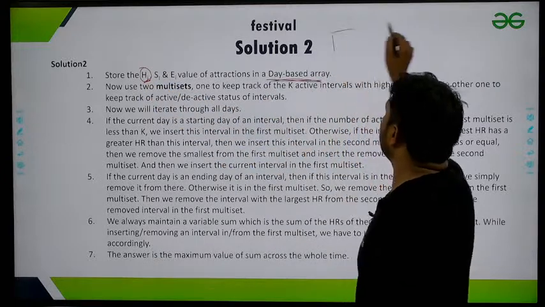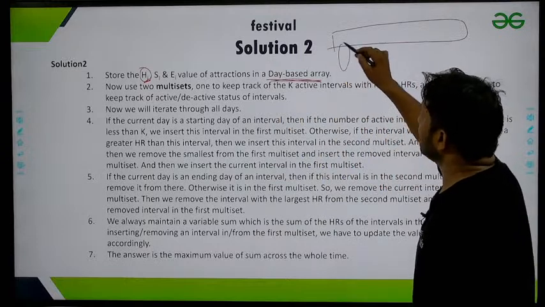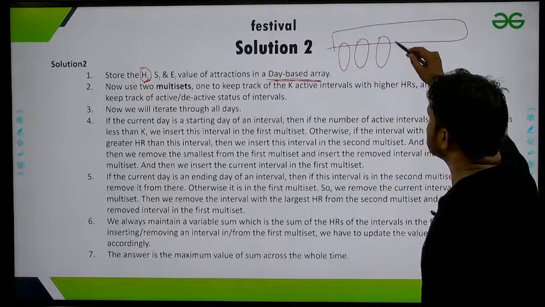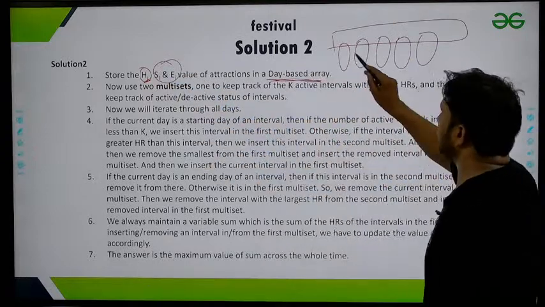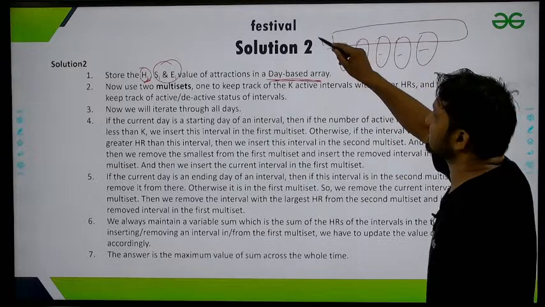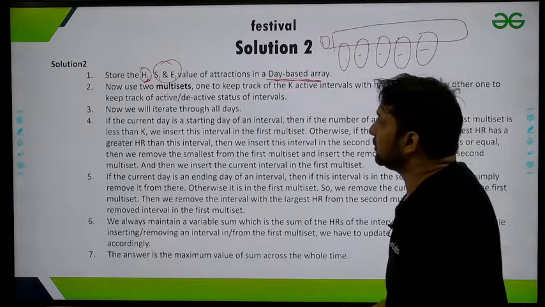You are making an array or vector and storing all the happiness, based upon the starting and ending values. This is the first step.